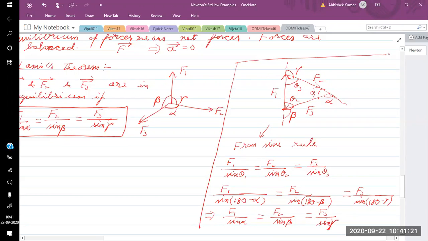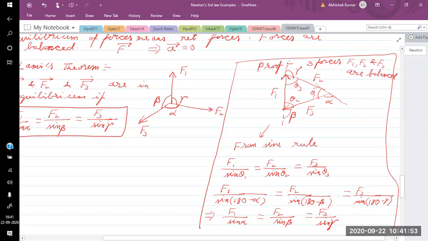How is it proved? Because if three vectors make a closed triangle, only in that case can we say the three forces are balanced. So if these three forces F1, F2, F3 are balanced, then they make the closed triangle.